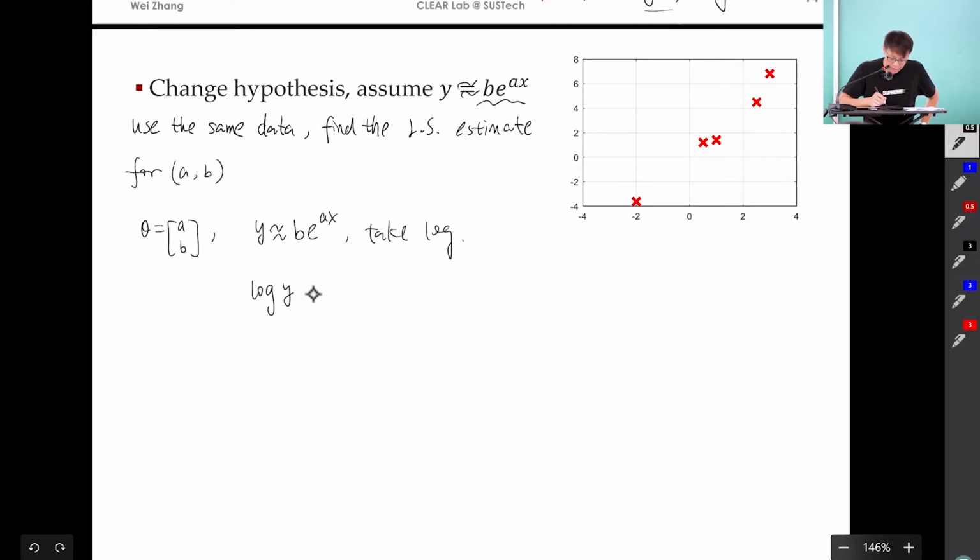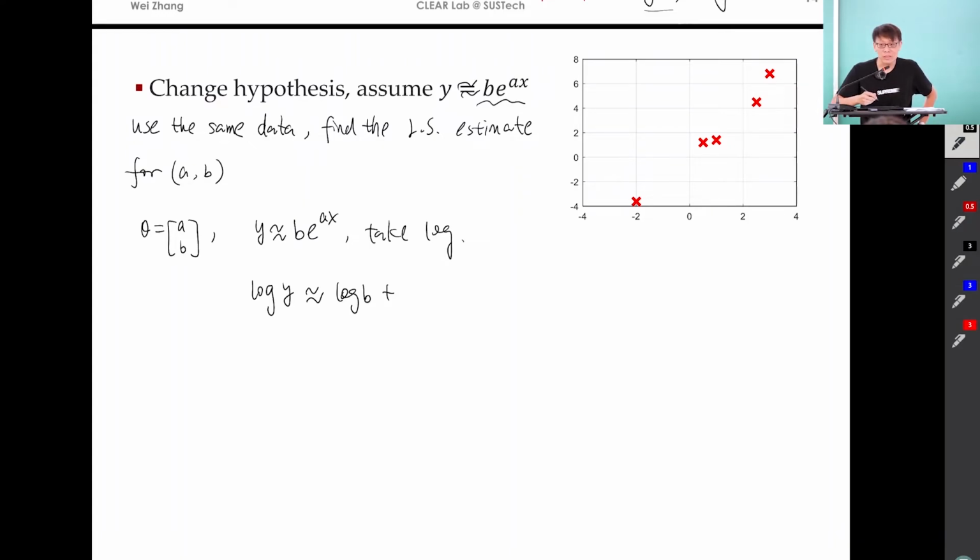log y approximately equal to log b plus ax. Oh, sorry, not log x anymore. This log means natural log, okay? You typically use this as natural log, right? But I'm adopting MATLAB notation.